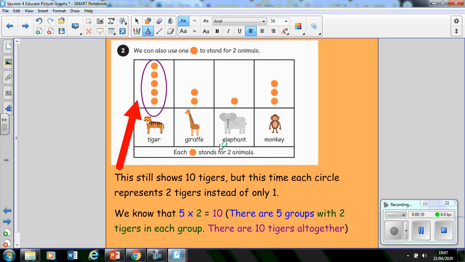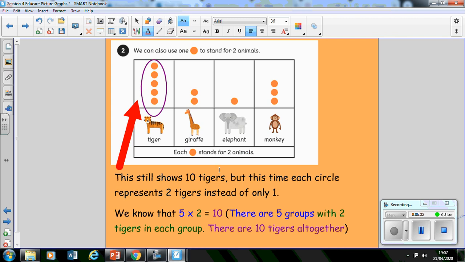Now, remember in our first week of learning, which was just last week, we looked at this really key sentence. In last week's learning, each key represented one, each dot represented one animal or one fruit.